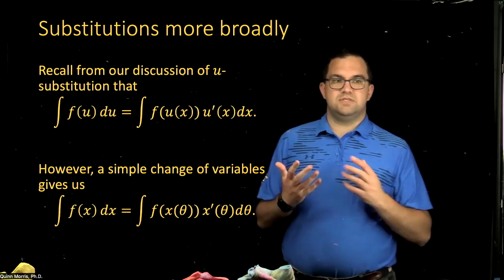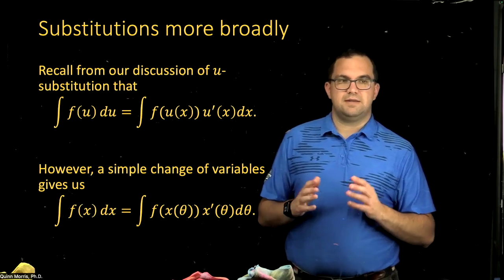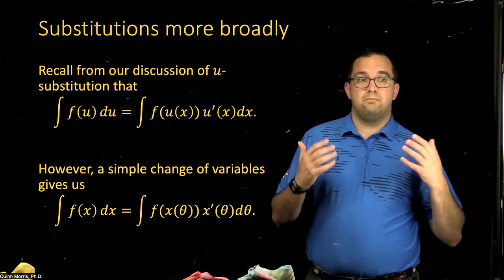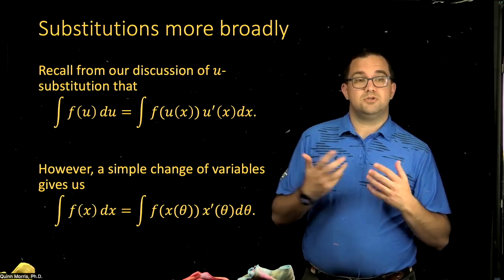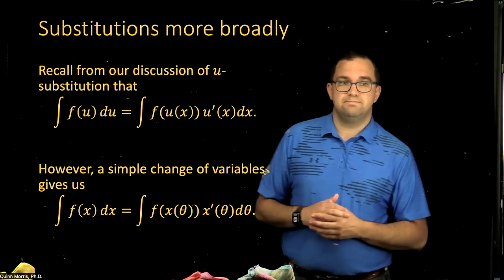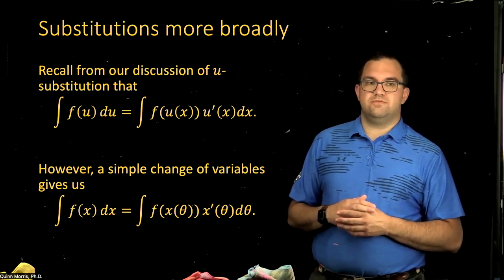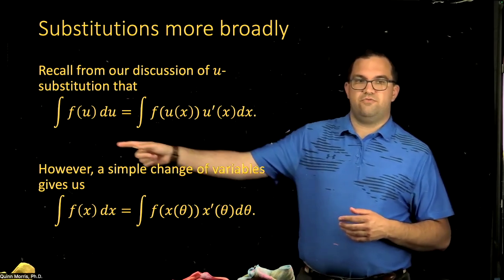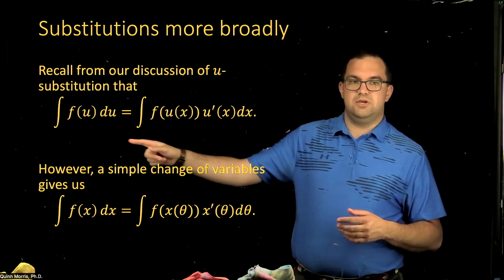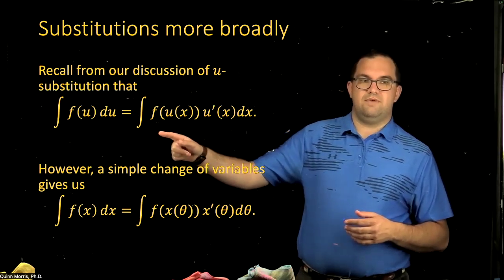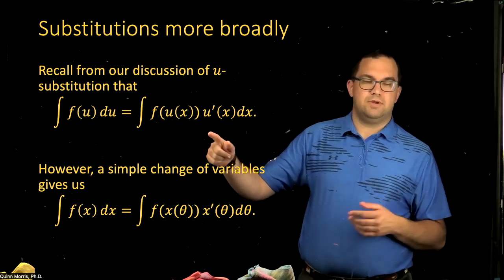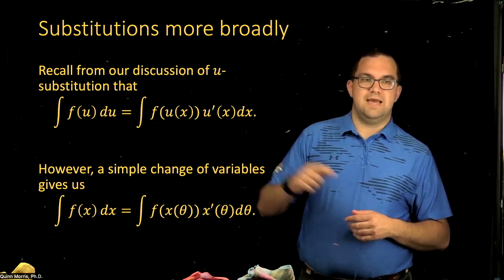Now, the last thing I want you to see is that we spend a lot of time talking about trig substitutions, but in fact, they're really part of a broader class of substitutions that are also related to U substitutions. So if you'll recall from our discussion of U substitution, we had written out this formula that says the integral of f of u du is equal to the integral of f of u of x times, we had actually written du dx, but we could call it u prime of x dx.